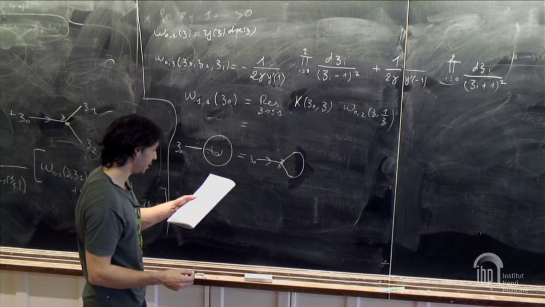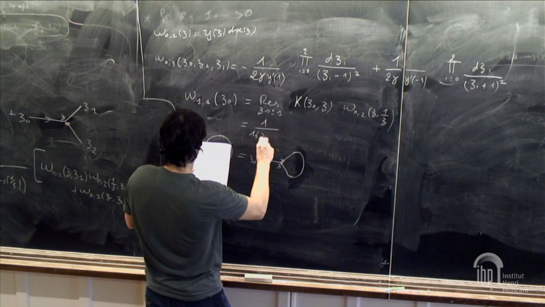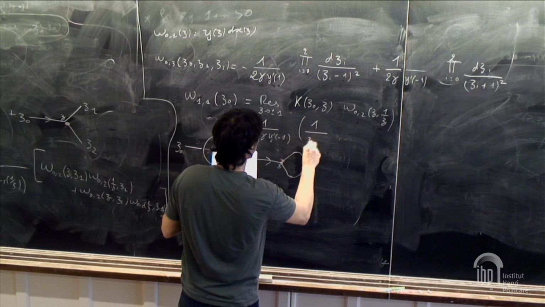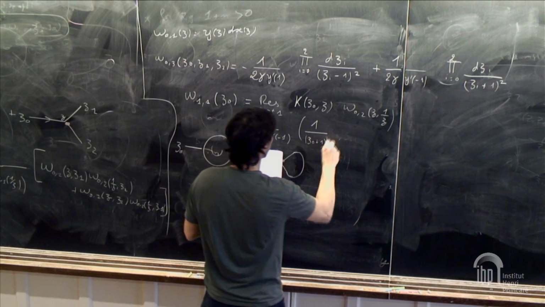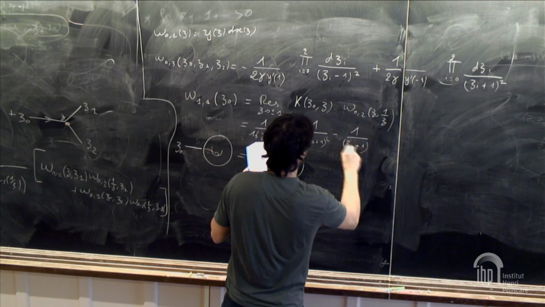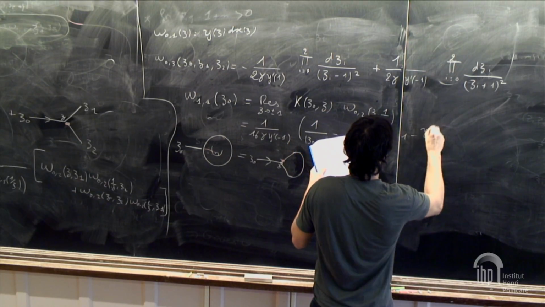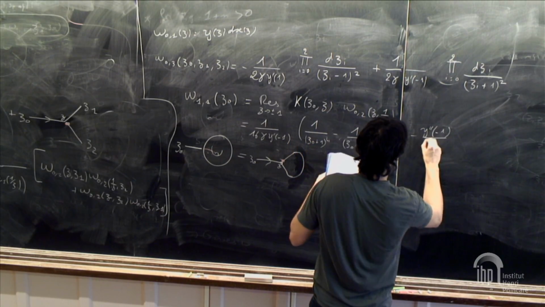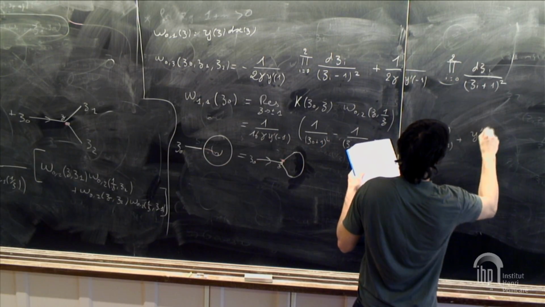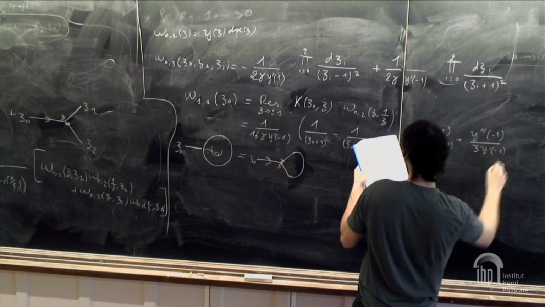You can compute it explicitly, and if you want to see the result, it's just take this form: 16 gamma y prime of minus 1, 1 over C0 to the power 4, minus 1 over C0 plus 1 to the power 3, minus 1 minus y second of minus 1 divided by y prime of minus 1 plus y third derivative of minus 1 divided by 3 y prime of minus 1.